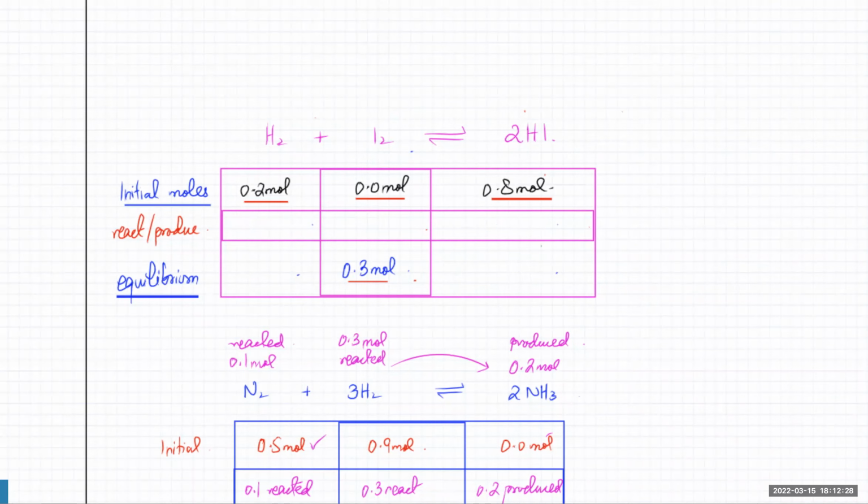So only this is given. So let's start with this. Okay, initially H2 0.2 moles, I2 0 moles, and 0.8 moles. The table would not be drawn for you. They'll probably just give it in written form. So you've got 0.2 moles of this, 0 moles of this, and 0.8 moles of this.